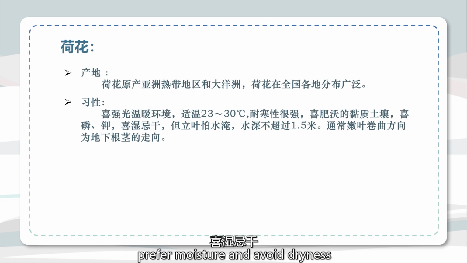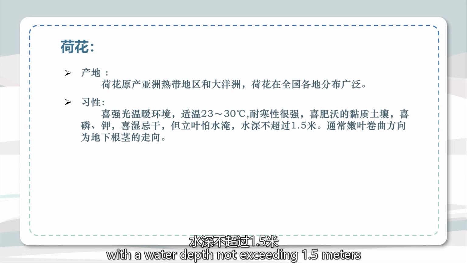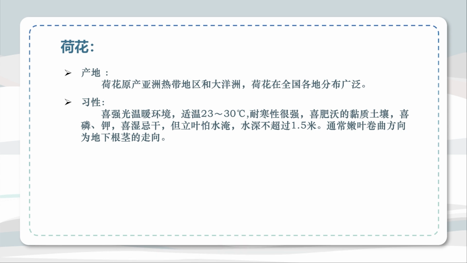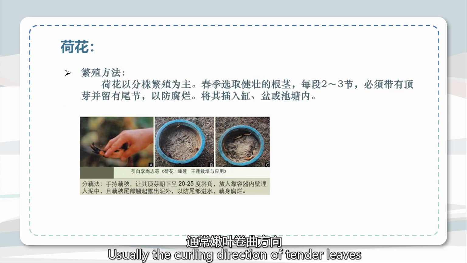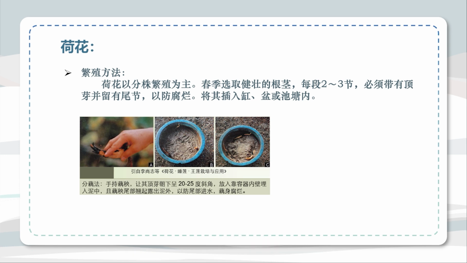It prefers moisture and avoids dryness, but is afraid of being submerged in water when the leaves stand, with a water depth not exceeding 1.5 meters. Usually, the curling direction of tender leaves follows the direction of the underground rhizomes.